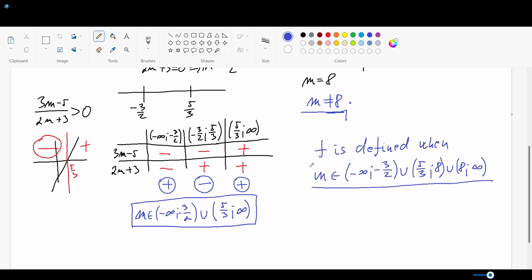So this is our conclusion, and this is the solution of the task.